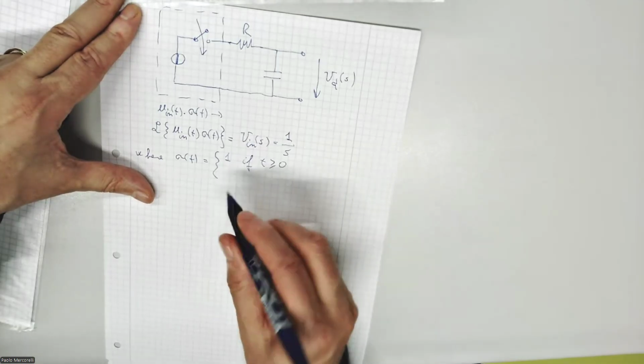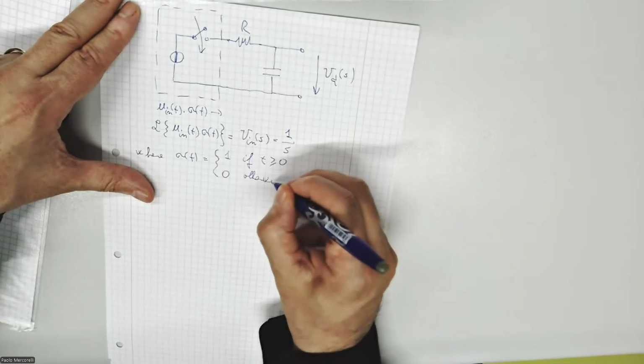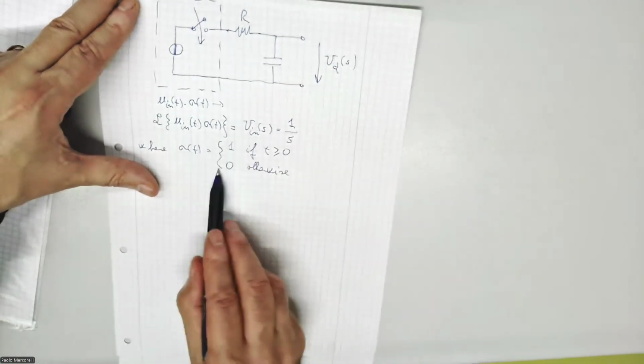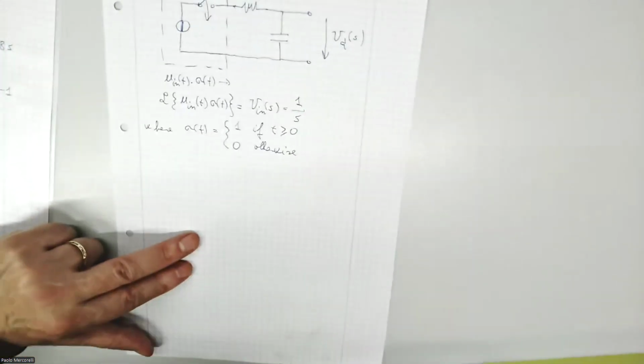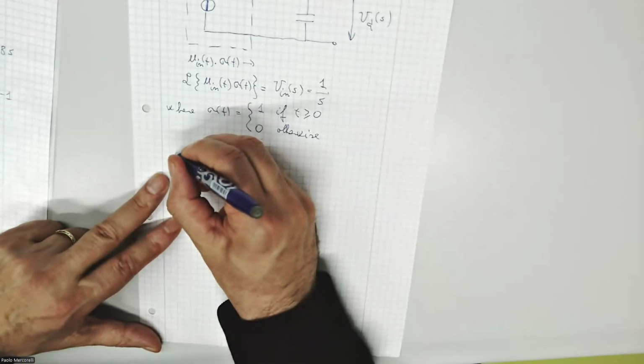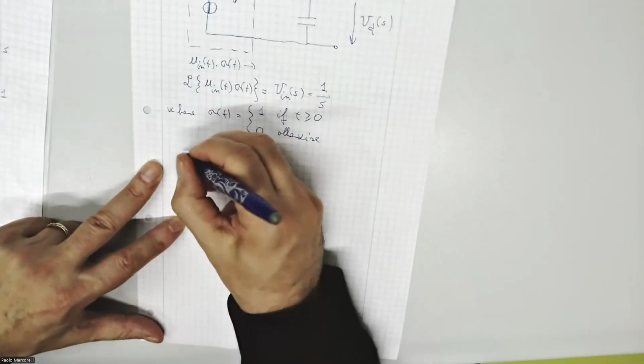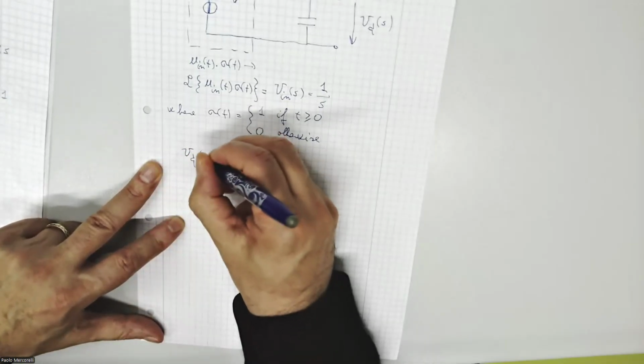At zero, otherwise it means zero. And we calculated this. It was this. We calculated the output.